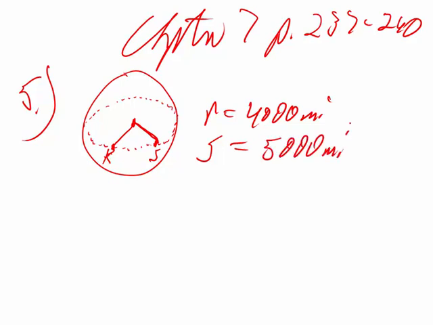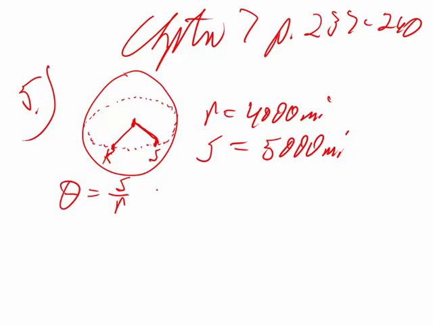Okay, so it says what? Through what angle do you turn relative to the Earth if you fly from Kampala to Singapore? Give your answer in both degrees and radians. Okay. If you remember how to find theta, the angle or the arc in radians, theta in radians is equal to the arc distance divided by the radius.